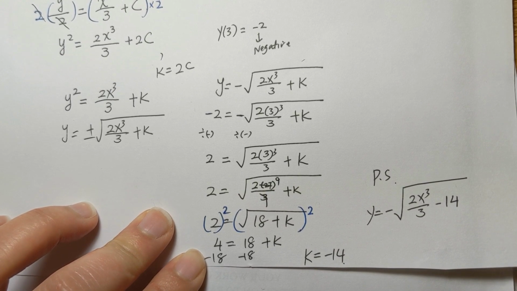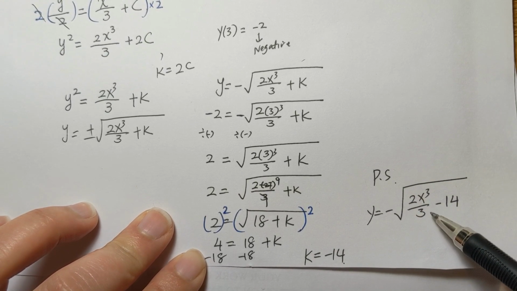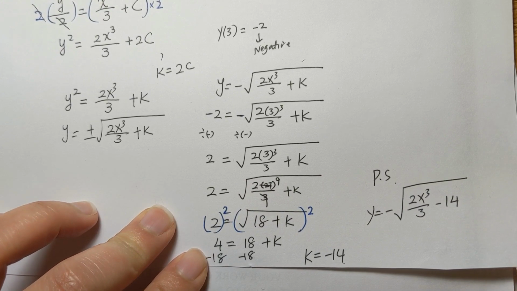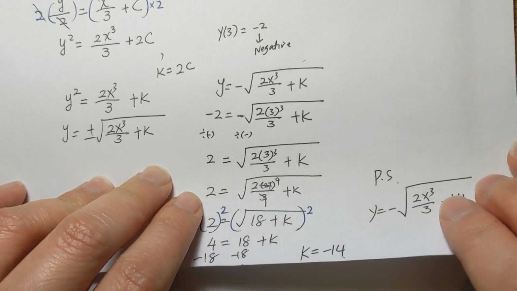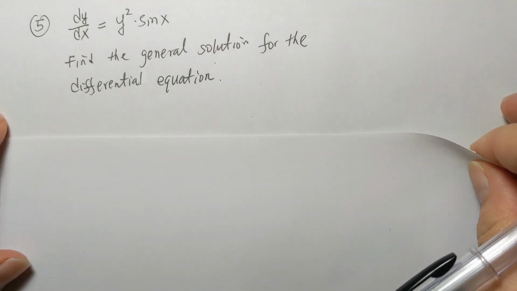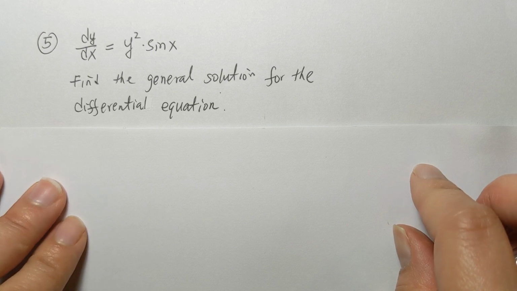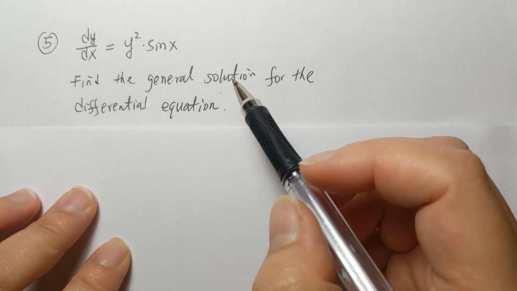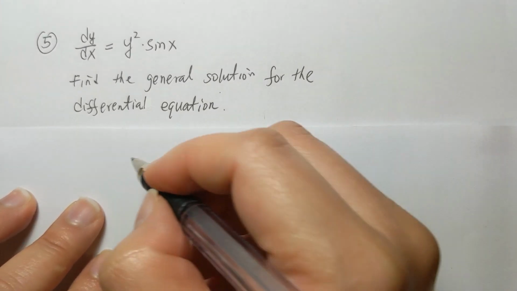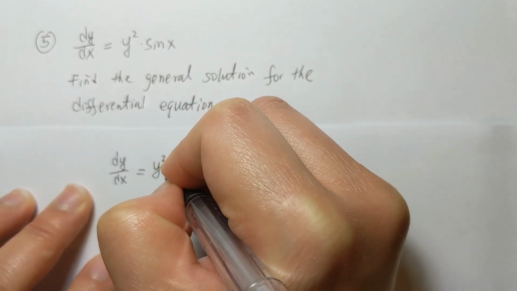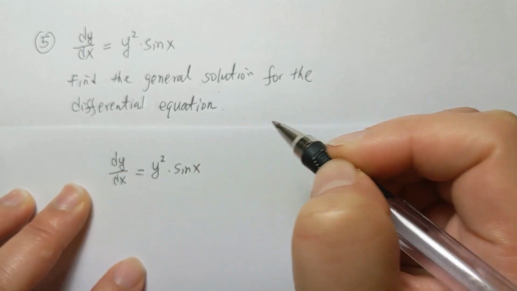y equal to negative square root of 2x cubed over 3 minus 14. Now let's go to question number 5. Number 5. Find the general solution for the differential equation. So we got dy/dx equal to y squared times sine x.